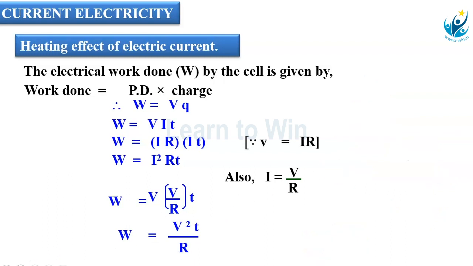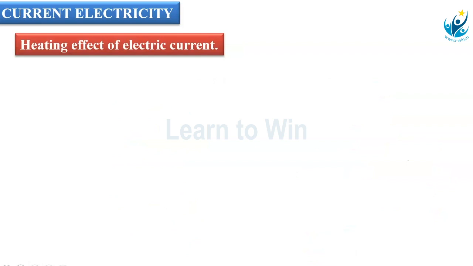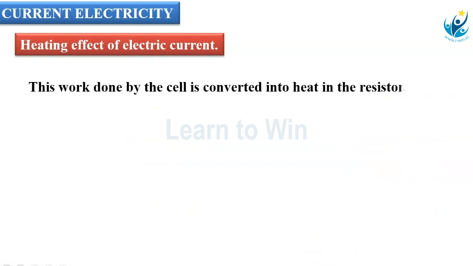This work done is converted into heat in the resistor. So, whatever the formulas we found for work done, what are they?